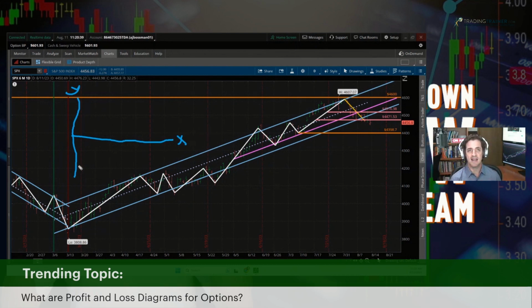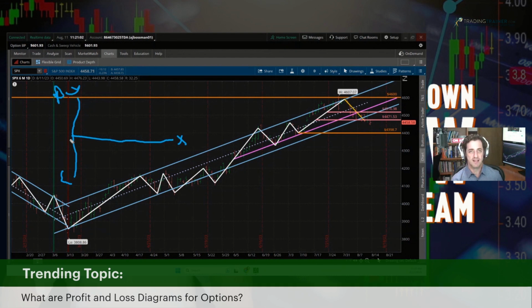And then the Y side is our profit and loss. So profit, and then anything below the zero line is loss. How does the option price relate to whatever this independent variable is? It could be the underlying symbol price, or the number of days to expiration.